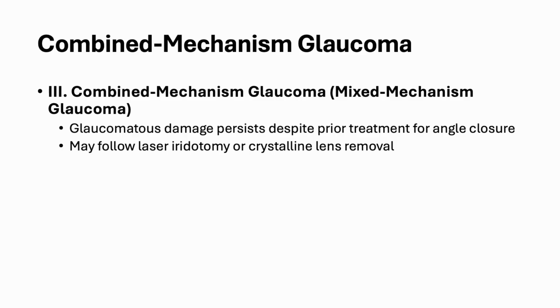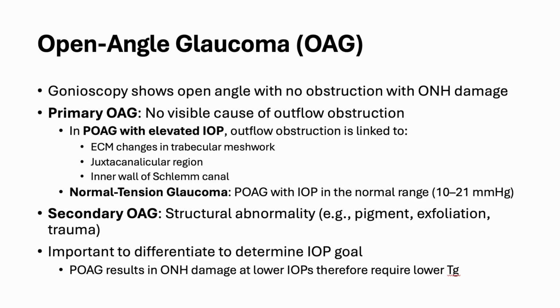pathology. In open-angle glaucoma, gonioscopy reveals an open angle without obstruction, but the optic nerve shows characteristic glaucoma damage. Primary open-angle glaucoma, or POAG, shows no visible cause of obstruction. In cases with elevated IOP, the blockage is usually at the trabecular meshwork, particularly the juxtacanalicular region or the inner wall of Schlemm's canal.